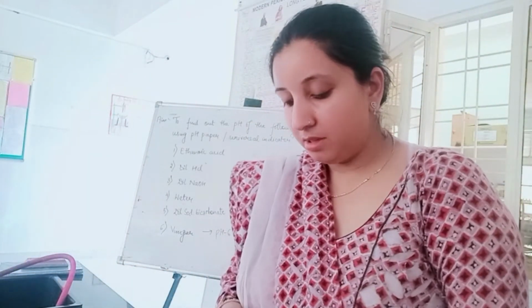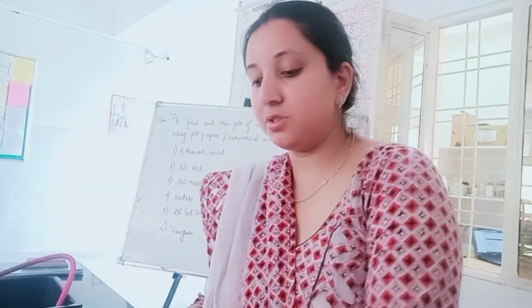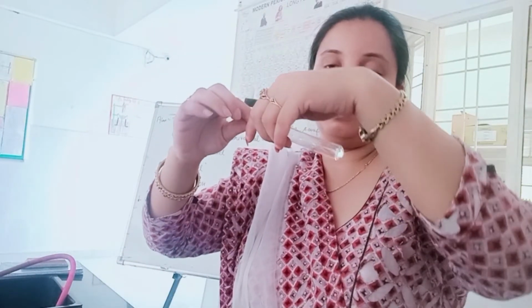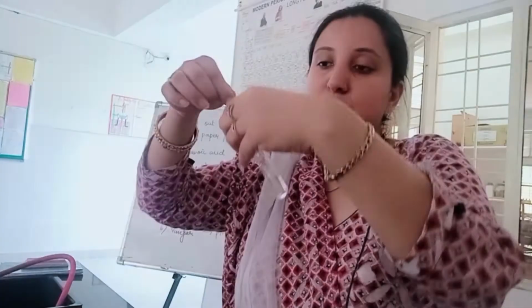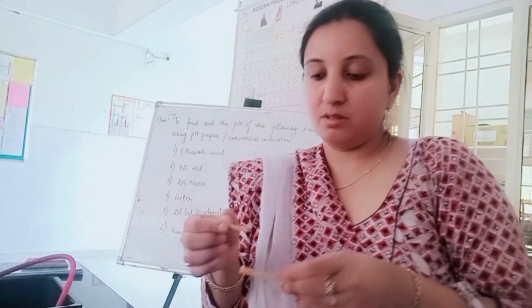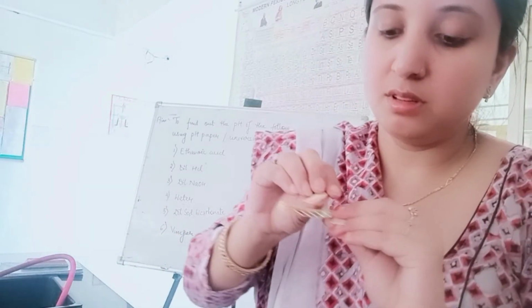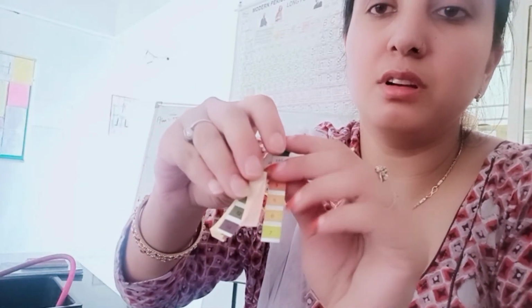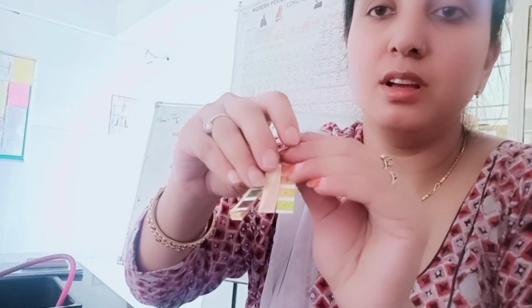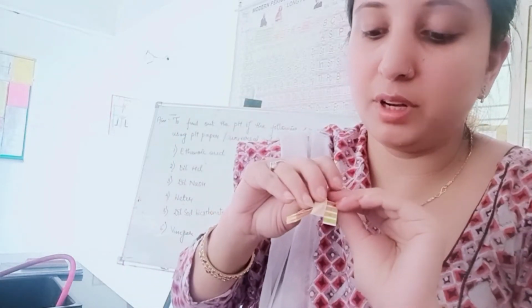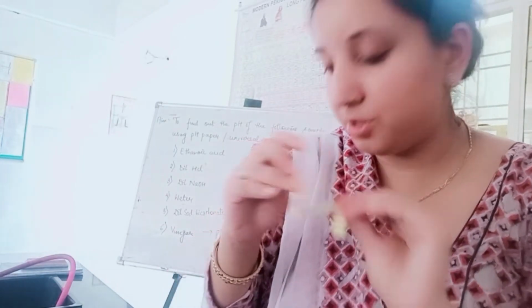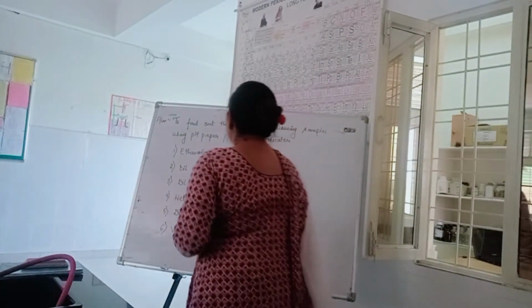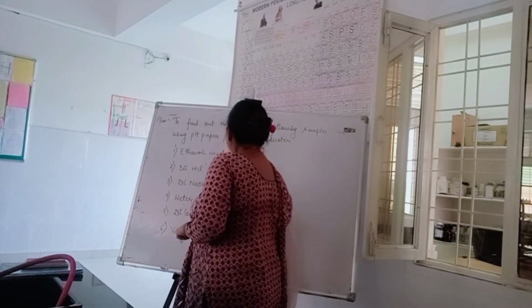Now looking at the water. We all know that water is neutral in nature. This is the tap water I have used. Over here it is coming in between 6 and 7. So I am taking it as 7 only because it is more towards the greenish color. So the pH of water is coming to be 7.